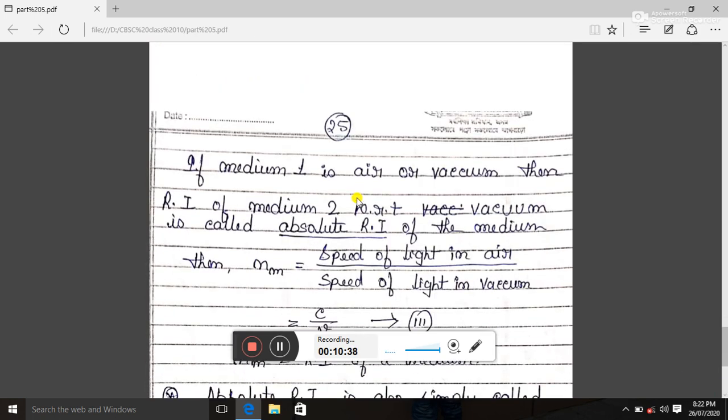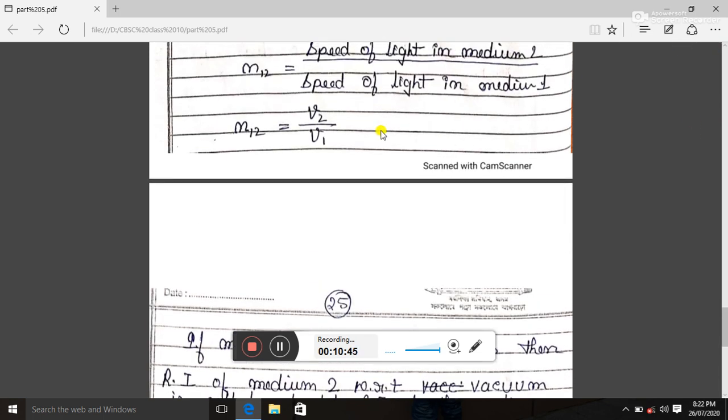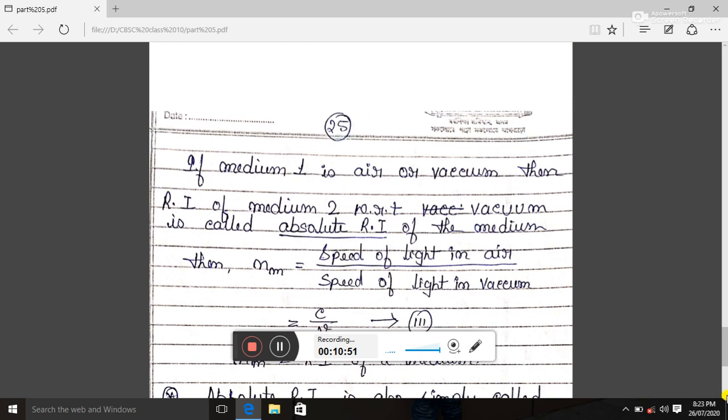So if we consider medium 1 to be air or vacuum, then that refractive index is said to be the absolute refractive index of the medium.